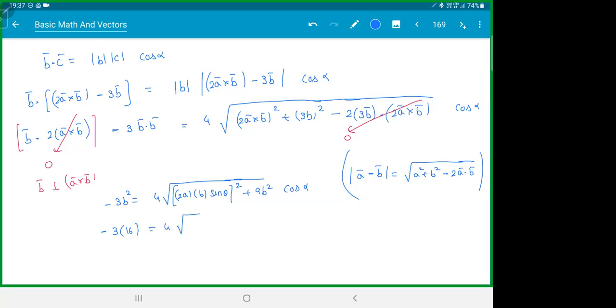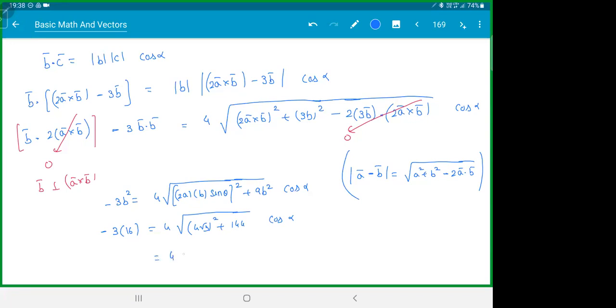This will be 4 root over 2 into 1 into 4 into sine theta, that will be 8 root 3 by 2, which is 4 root 3, whole square, plus 9 into 16, 144. The numbers are bad. What is this? That is 3 into 16, 48. 144 plus 48. How much is that? 192.